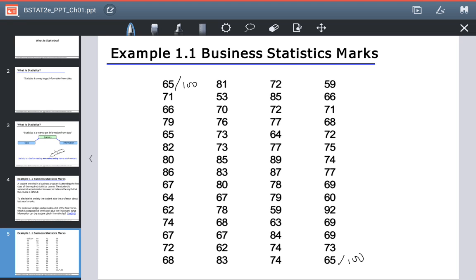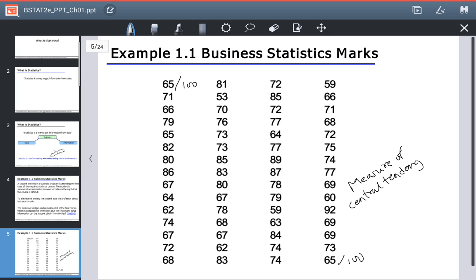If the professor is having a conversation with somebody else, he will not tell them all the marks that all the students got. The professor might be interested in some measures of central tendency. We'll talk about these measures in chapter 3. But this is a good way to summarize the data.